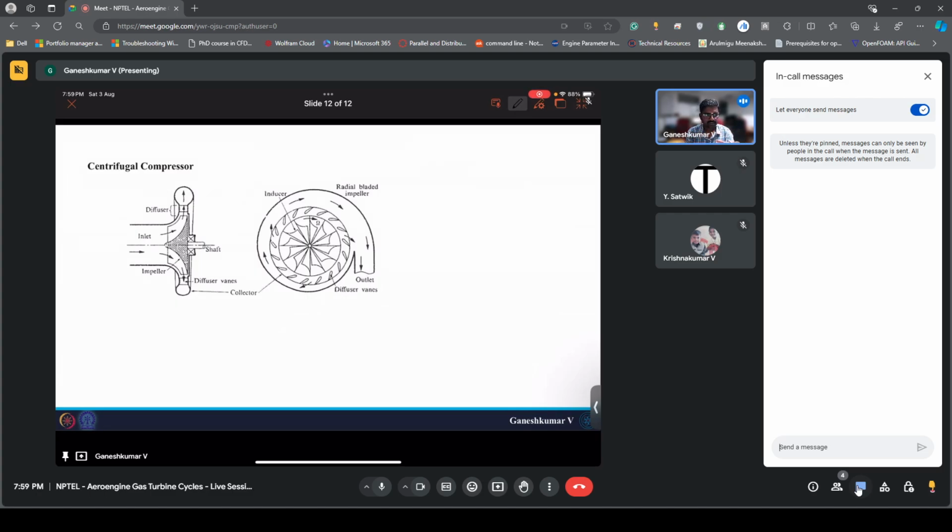We usually study axial compressors in this course. Centrifugal compressors we don't really go through much, because centrifugal compressors were used in the earlier engines, initially invented by Whittle.